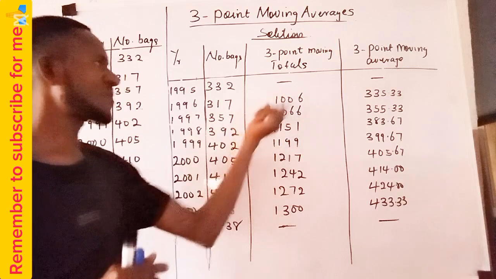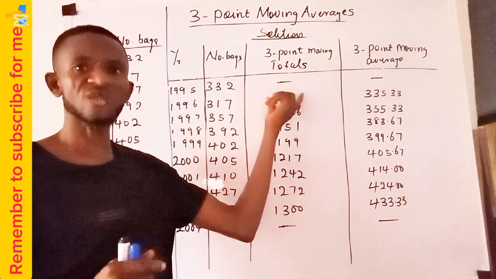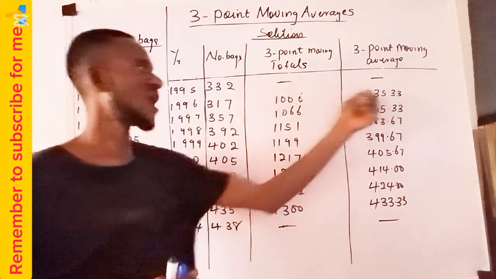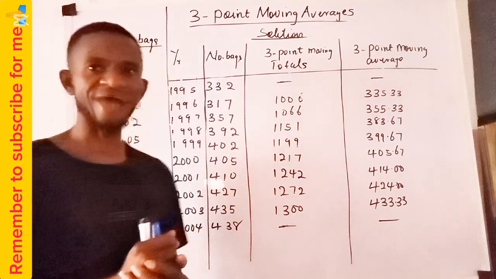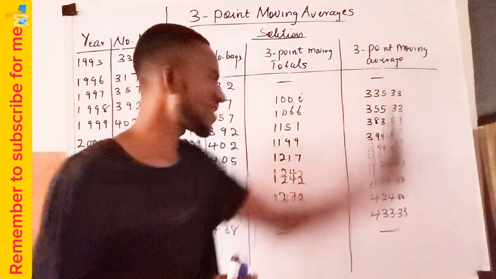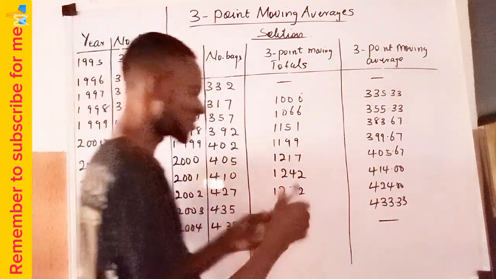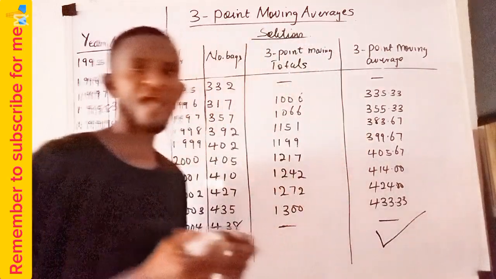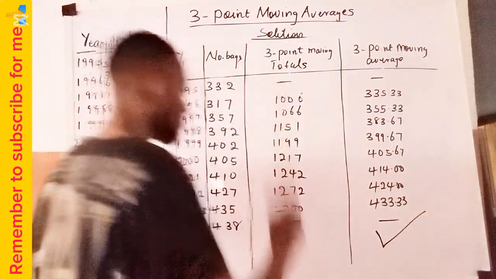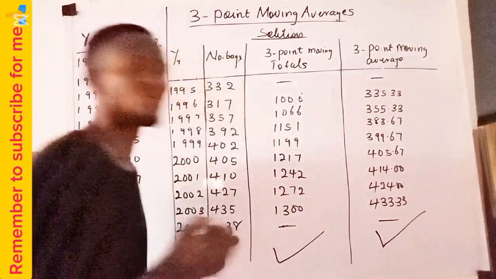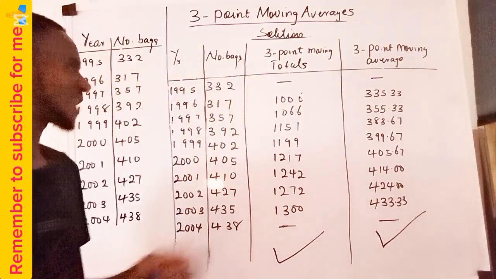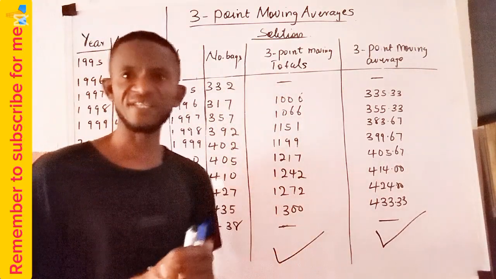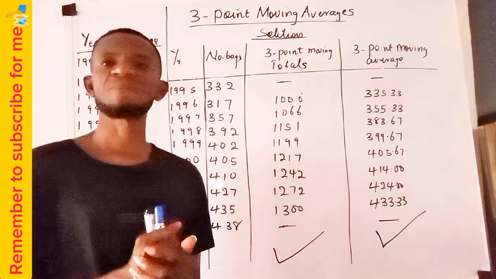And the moment you obtain your 3-point moving total, you divide by 3 to arrive at your 3-point moving averages. So the column I have here is what we call the 3-point moving averages. This one is what we call the 3-point moving total, in case they ask that you equally have to compute 3-point moving totals.